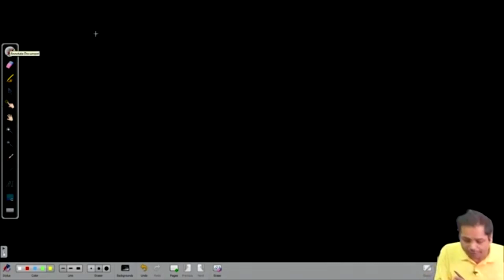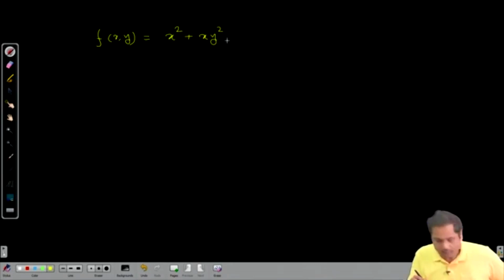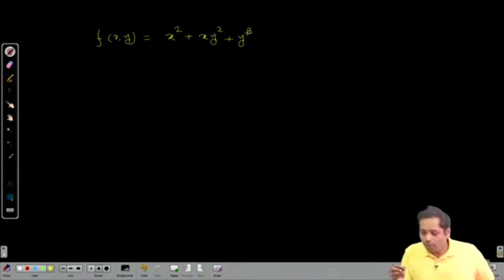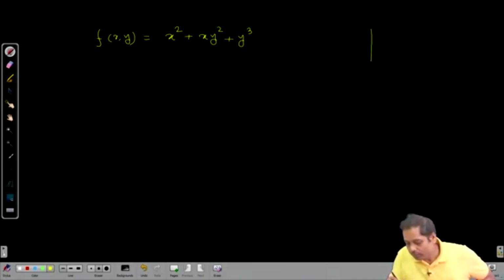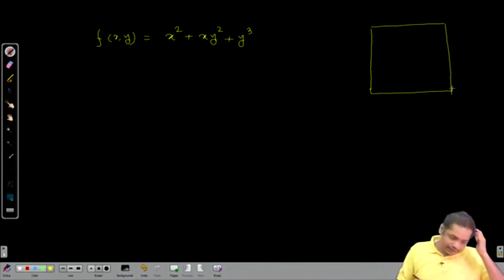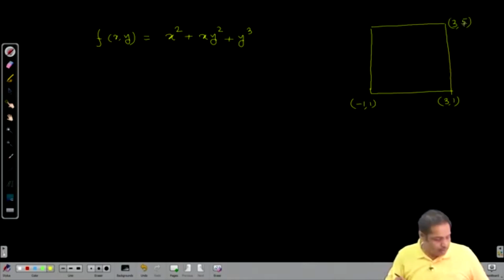Let's take a function f(x, y) defined as x square plus x y square plus y cube, and suppose this function is defined over a rectangular domain with coordinates (-1, 1), (3, 1), (3, 5) and (-1, 5).